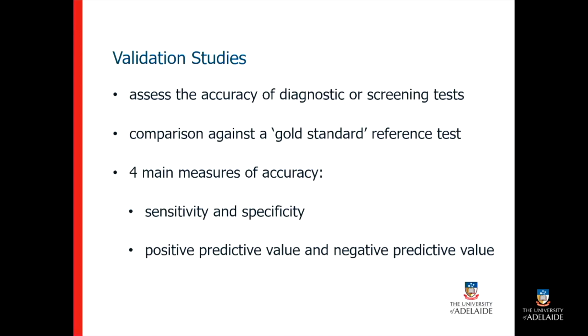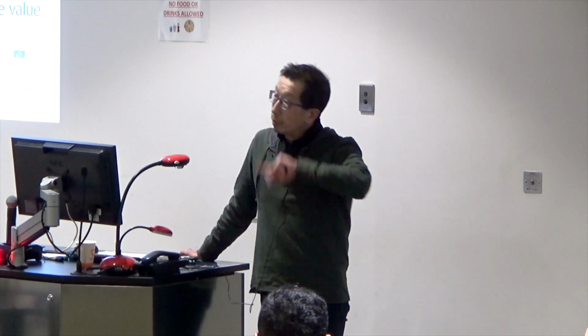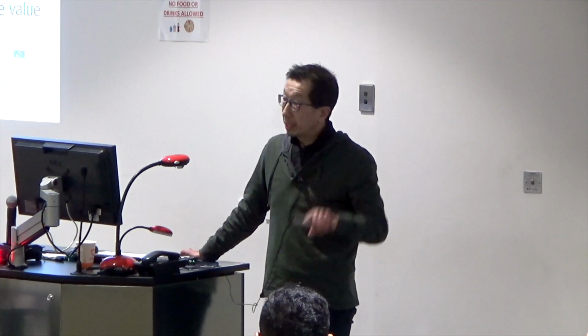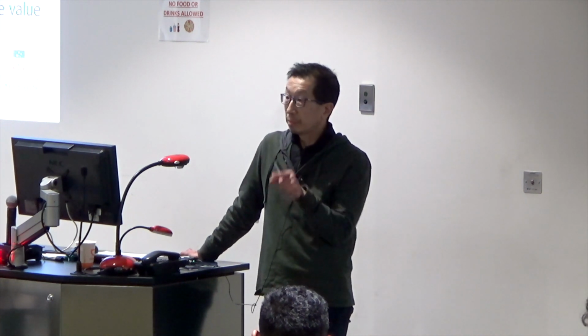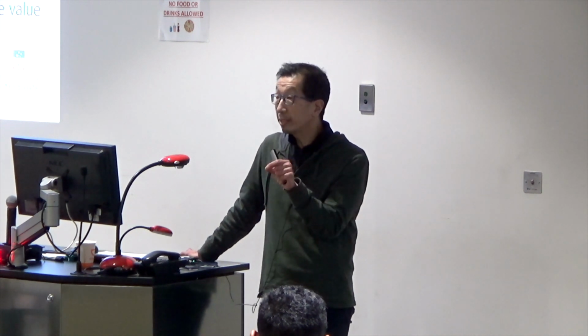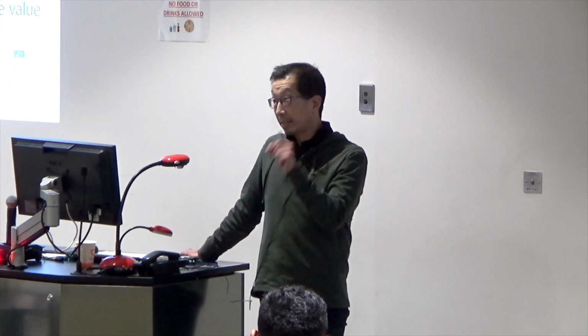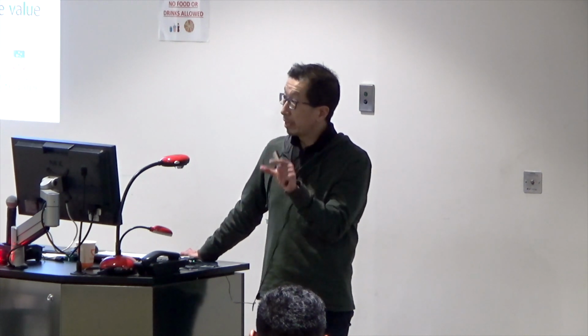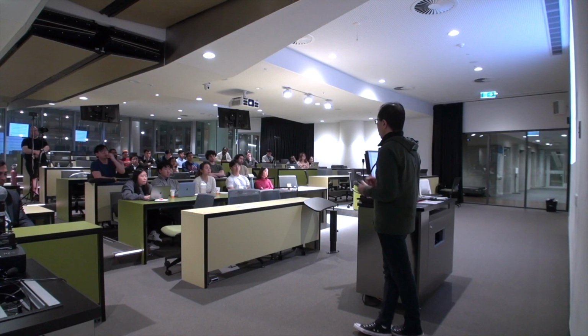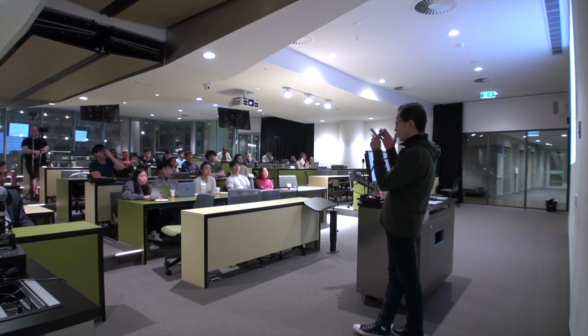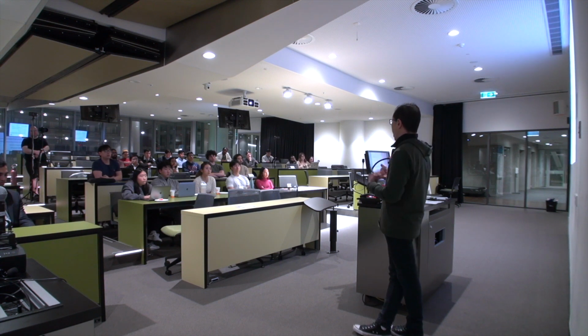So essentially what we do is we take a group of people with a condition, or we suspect we're having that condition, and subject everyone to their new test, as well as the same group to a gold standard test. And the latter serves as the reference. The latter serves as this truth, if you like, of whether or not someone actually has COVID. And then you compare the results of your new test against this reference of whether or not they actually have COVID, for example.